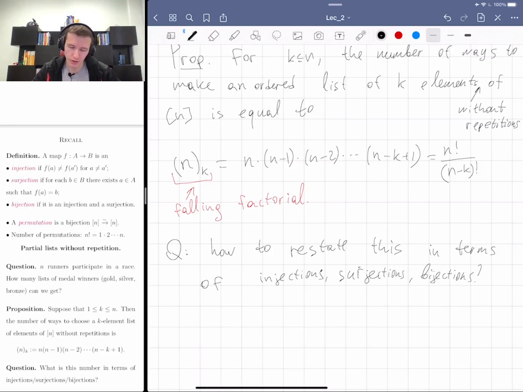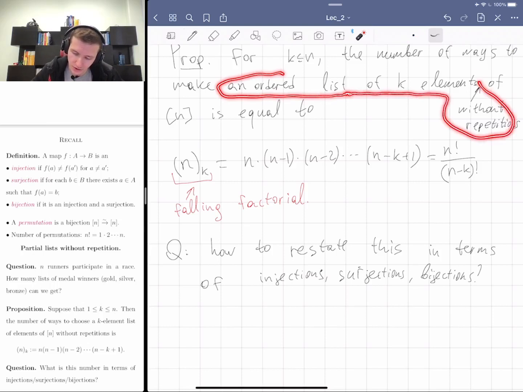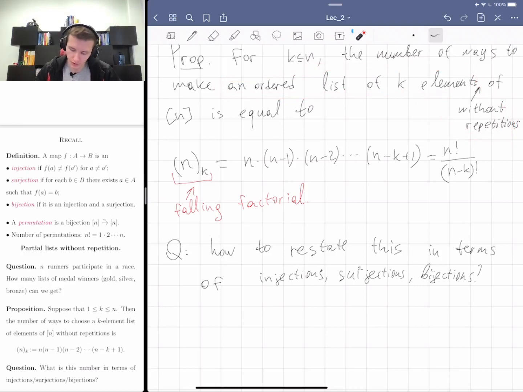You see I struggled to say this in words, an ordered list of k elements without repetitions. So what would be a name of such an object using these three smart words?